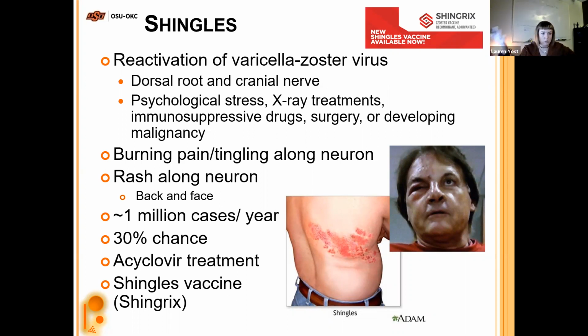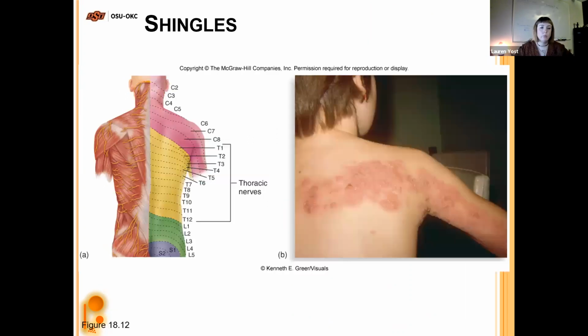It can be treated with acyclovir, just like chickenpox and other herpes viruses. There's also a vaccine specifically to prevent this, called Shingrix. This is just another depiction of movement along certain thoracic nerves causing shingles.